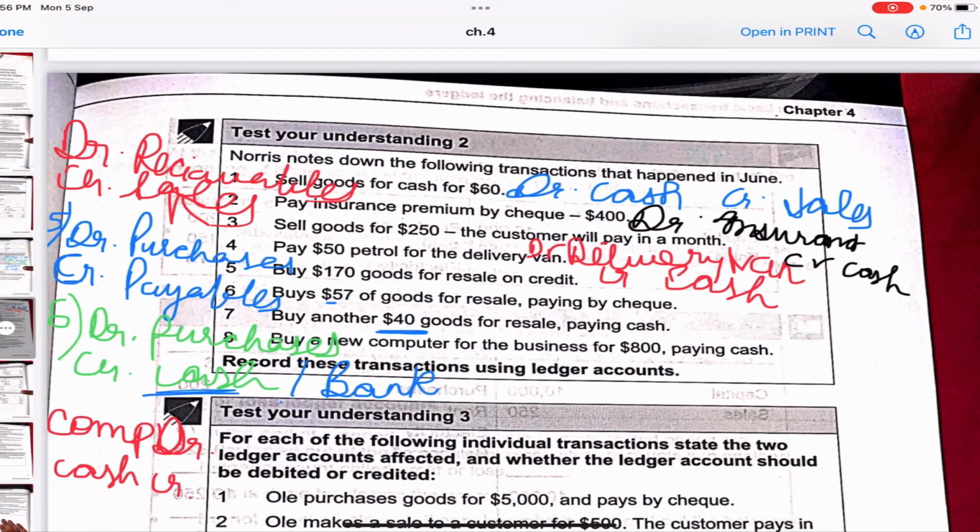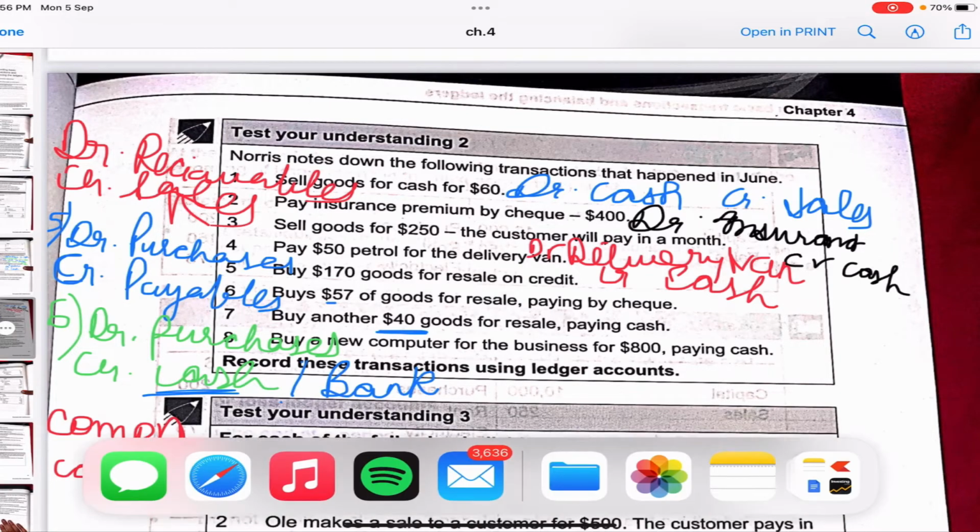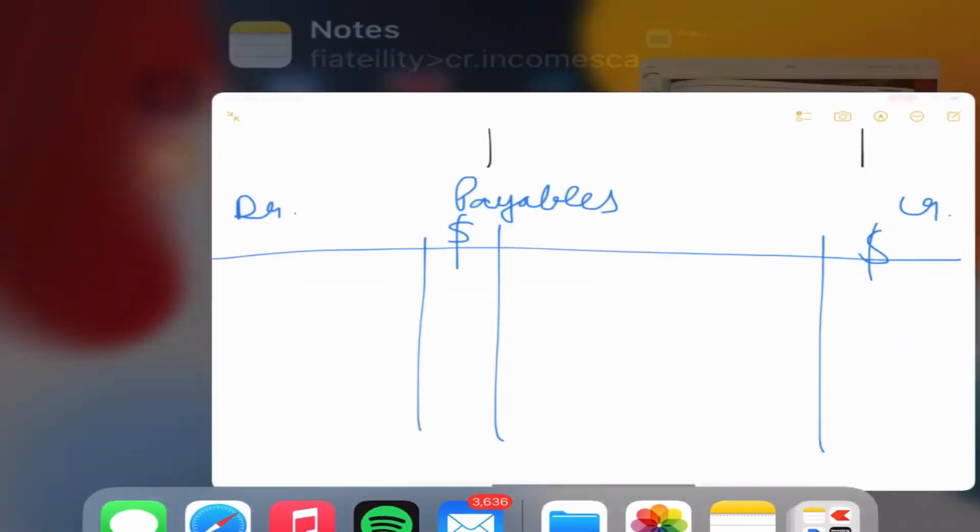So let's first see the first one, sells goods for cash. So what are the two accounts here? We saw that it is cash and sales. So sales is getting credited and cash is getting debited. So it is $60.